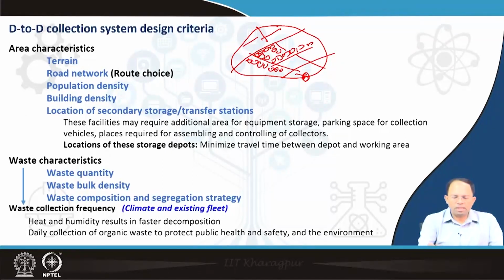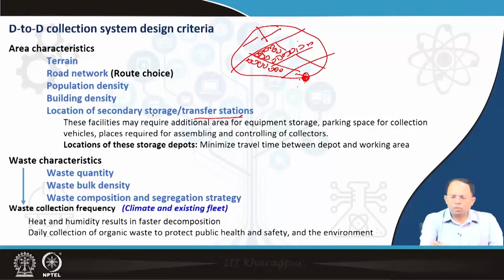This is the location of the secondary storage or the transfer station, you can also call it. In case of larger areas, we can also have a transfer station. That means the LCVs collect from the larger area and bring it to this particular point, which we are calling the transfer station, where the load gets into larger vehicles and then is transported to the final landfill site.